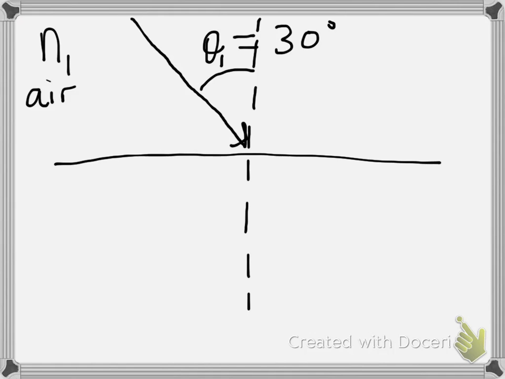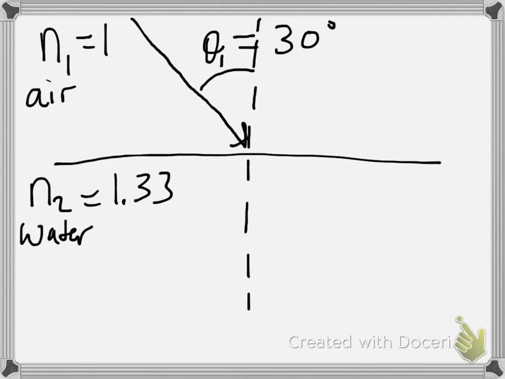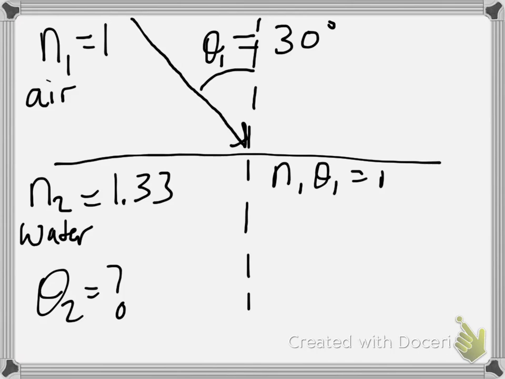And the beam then enters the water, which has an index of refraction of approximately 1.33. Okay? What angle will it make with the normal? Well, it turns out, if we take n1 theta 1 equals n2 theta 2, then we can solve for theta 2 by dividing both sides by n2.